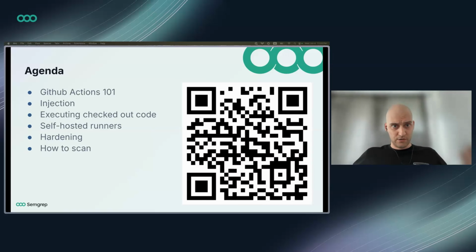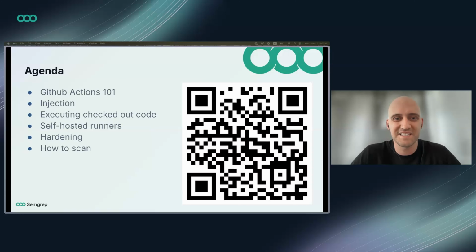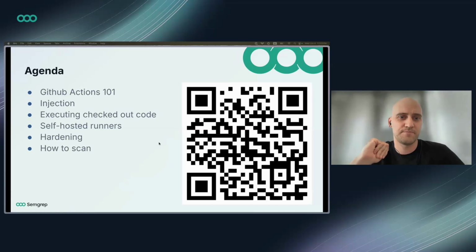All right, so the plan for today, because this is a webinar about GitHub Actions, I assume that you already know what GitHub Actions are. I hope you use them, that's why you want to protect them, but I still decided to have a very quick one-on-one introduction into GitHub Actions, just to make sure that we are on the same page and use the same terminology.